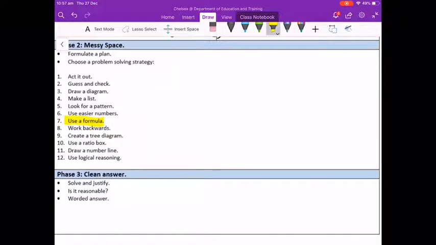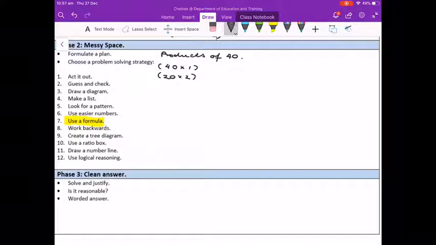So I'm going to start by finding out all of the products of 40. That's going to help us by coming up with the dimensions. So we have 40 times 1, 20 times 2, 4 times 10, 5 times 8. And those are also the factors of 40.